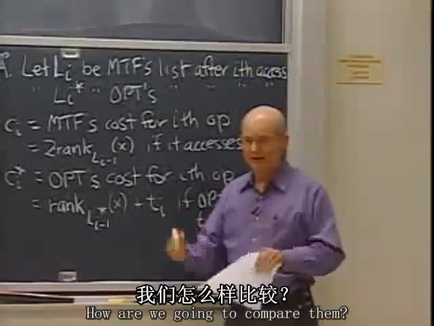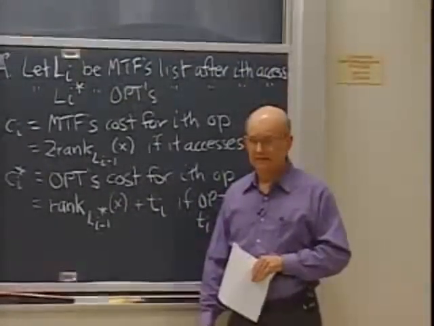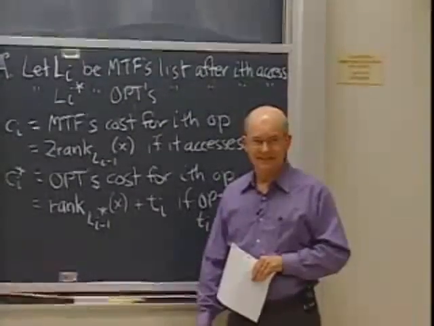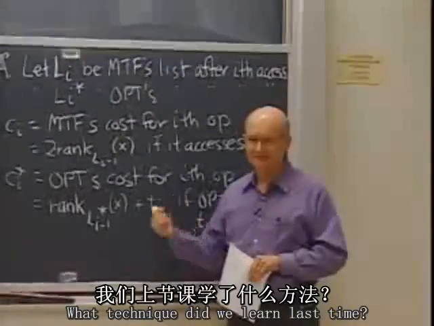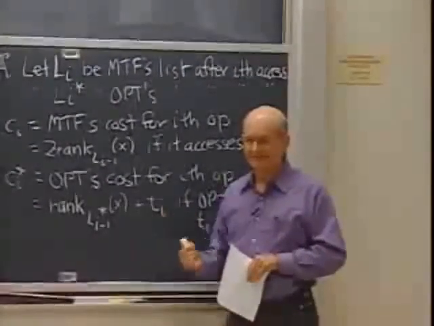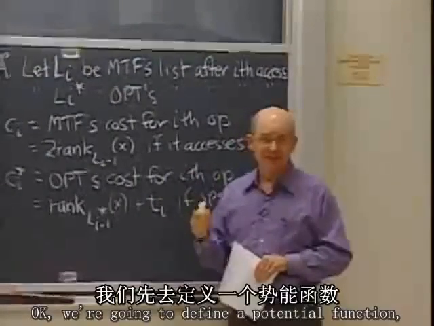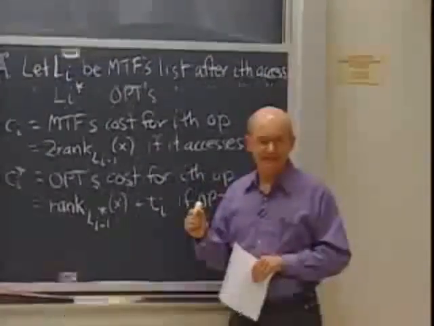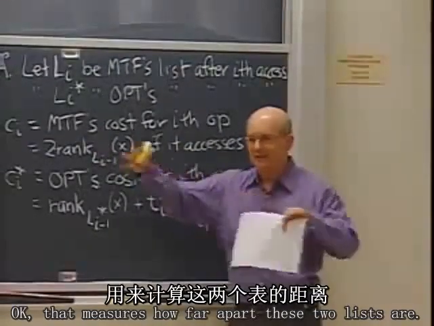How are we going to compare them? What technique did we learn last time for potential function? Good. Okay, we're going to define a potential function, okay, that measures how far apart these 2 lists are.